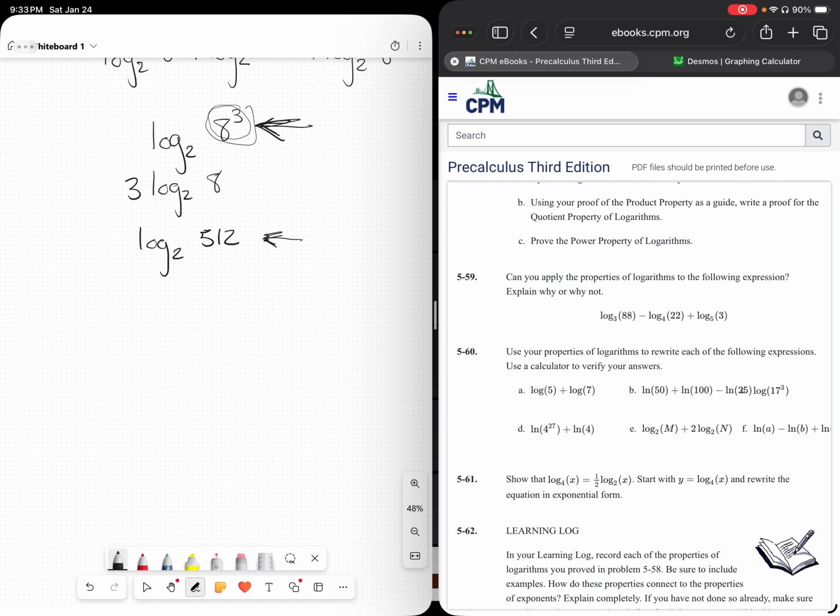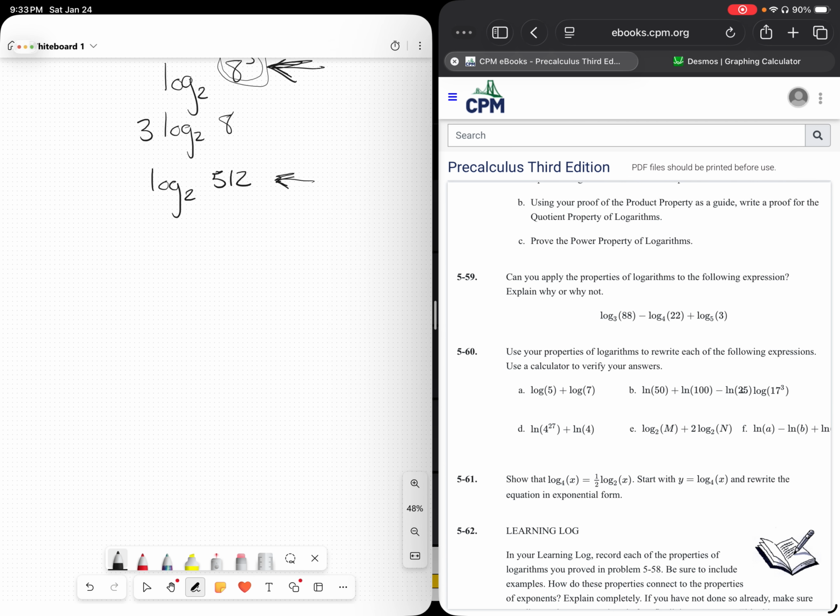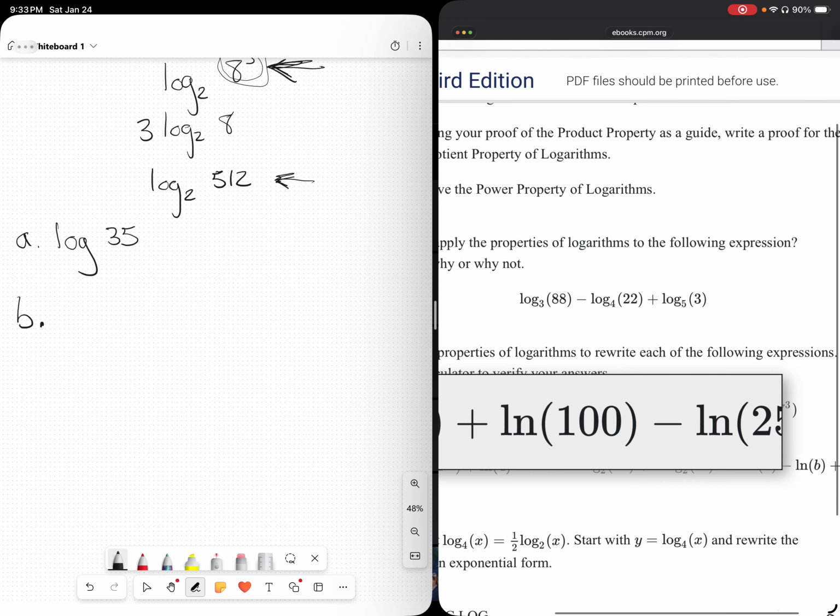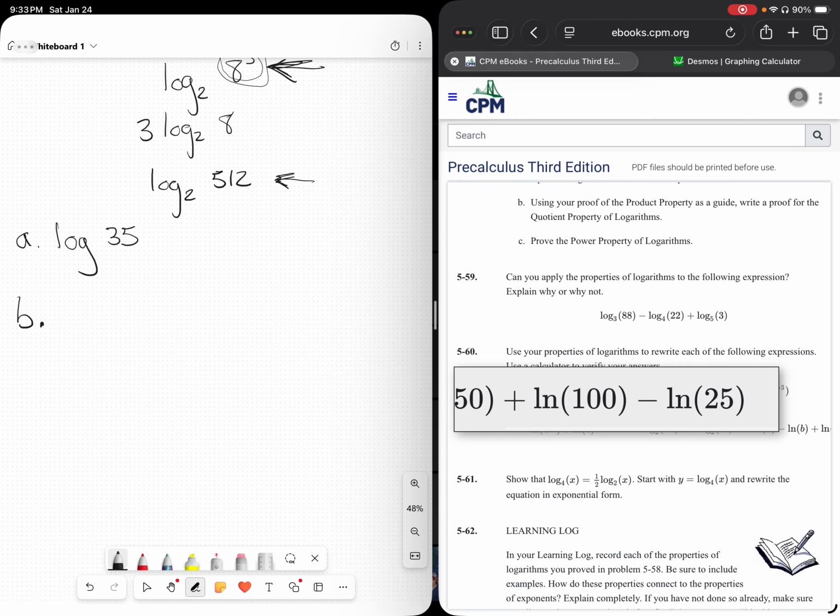60. Can you use the properties to rewrite these logs? Okay. Well, let's look at 60A. So this is log base 10 of 5 plus log base 10 of 7. So 7 times 5 is 35. So we could definitely do that. Right, on B, you're adding, and then, sorry guys, it kind of blurred this in part C there. So B is this.